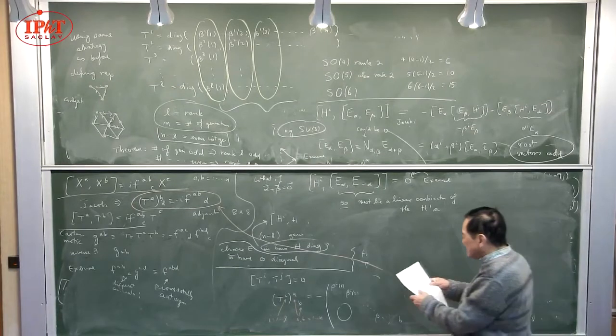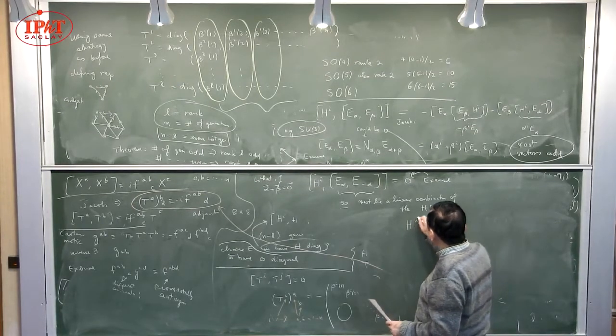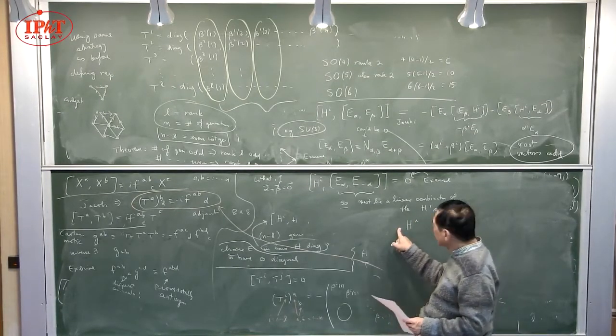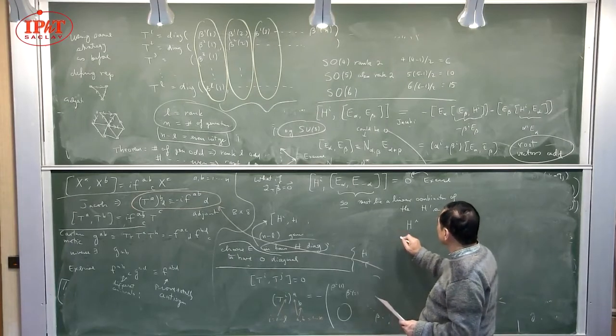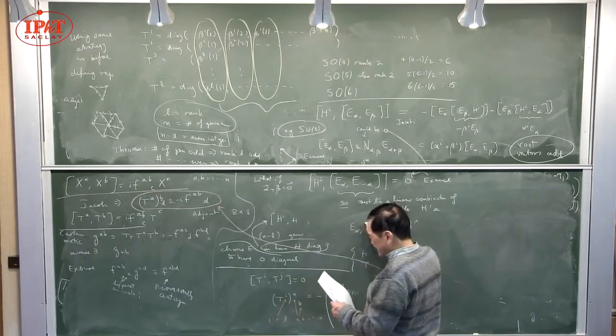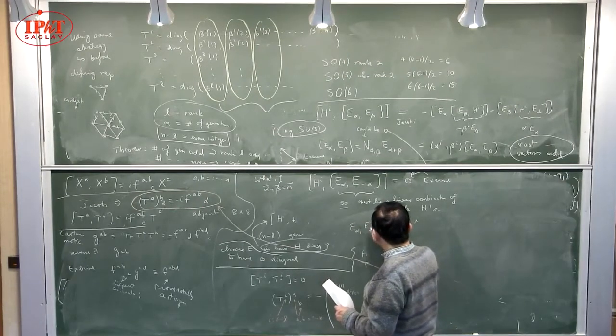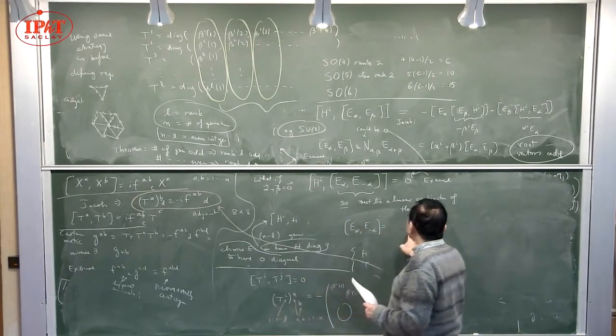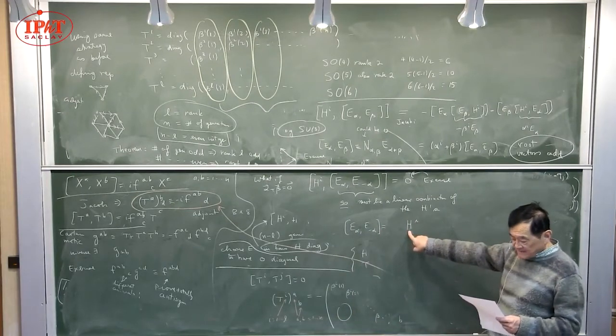Therefore it's HI times some coefficient. So E alpha, E minus alpha is equal to a linear combination of HI's.